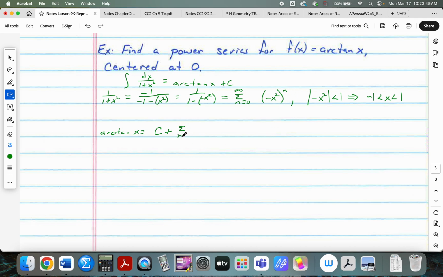So the summation as n goes from 0 to infinity of, and I'm going to rewrite that, this is -x to the 2n.